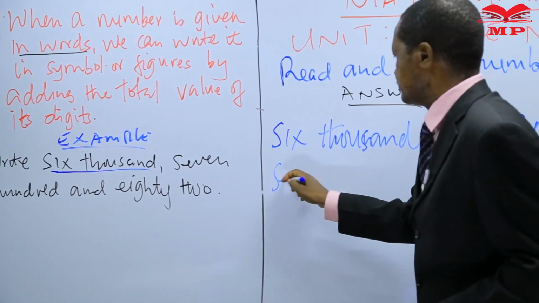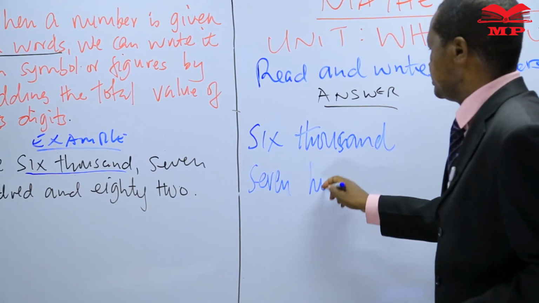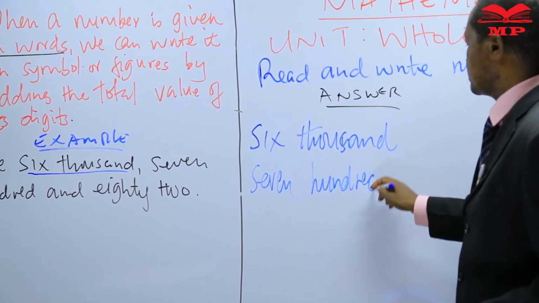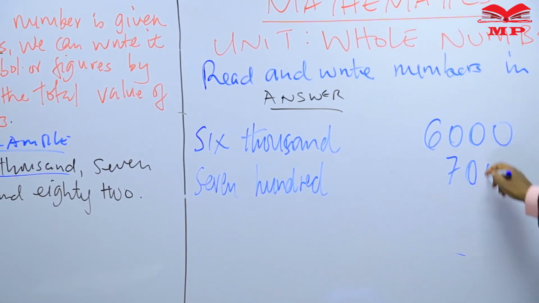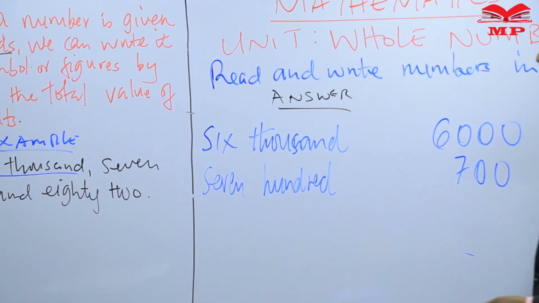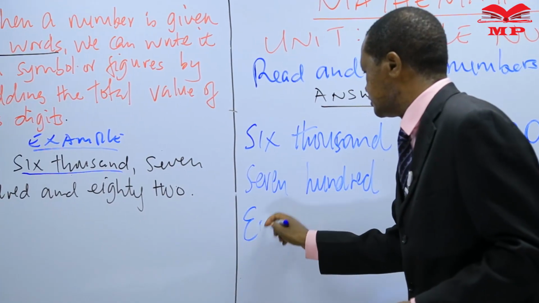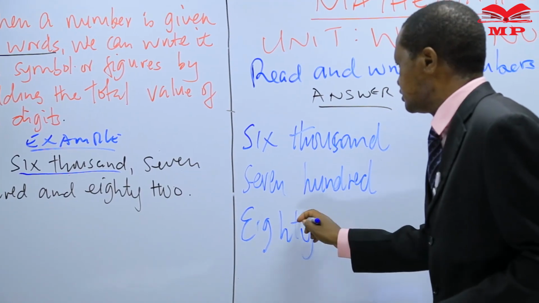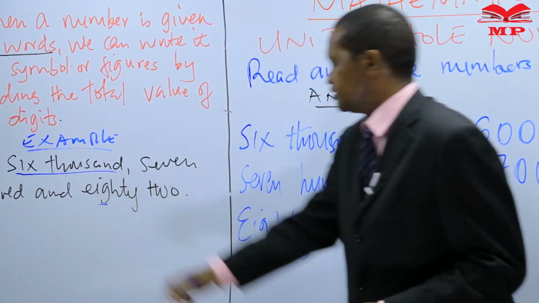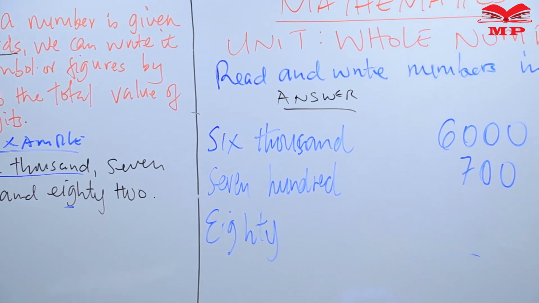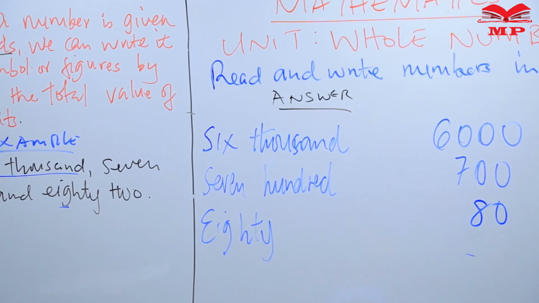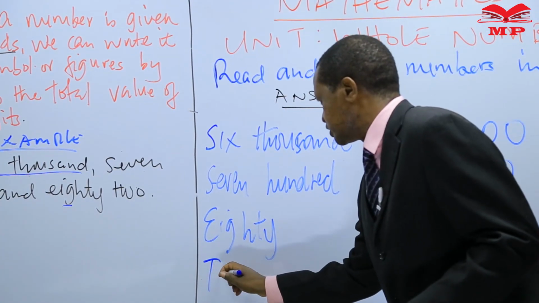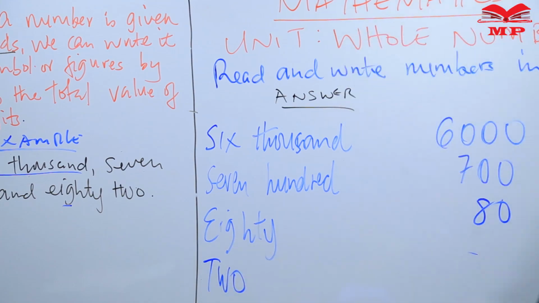Come here and write 700, can be written as 700, followed by 80. This one here, 80, written as 80. Then lastly, 2 is in ones. 2 is written as 2.